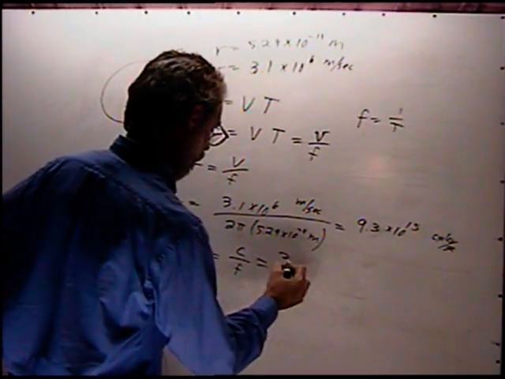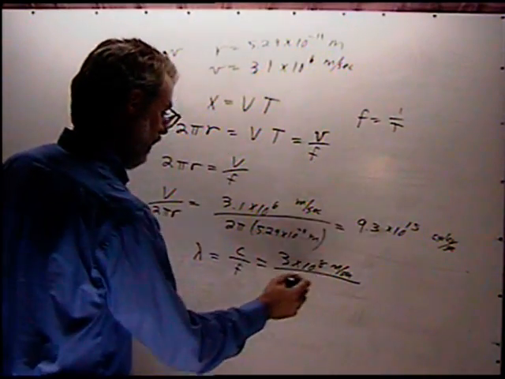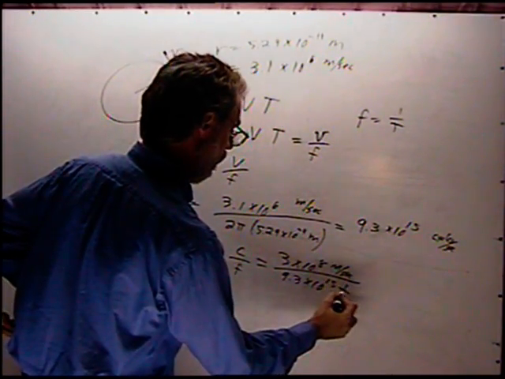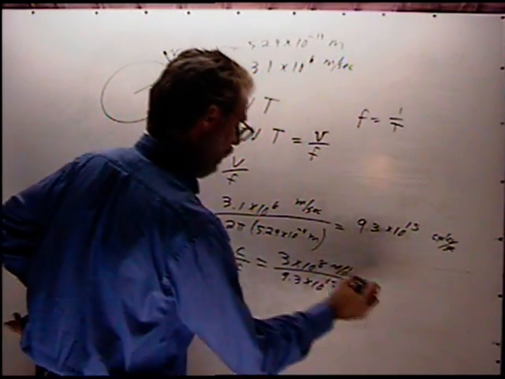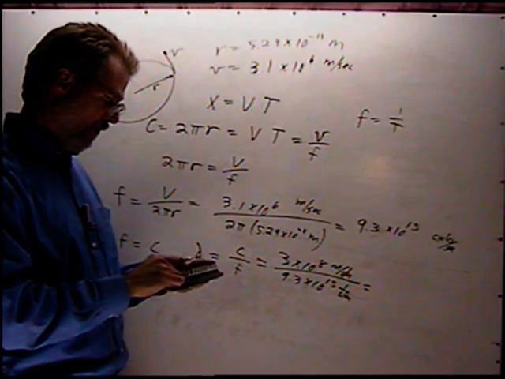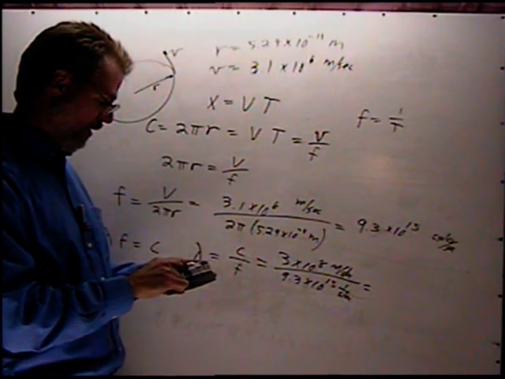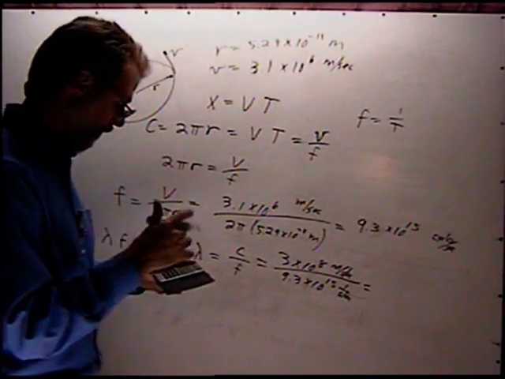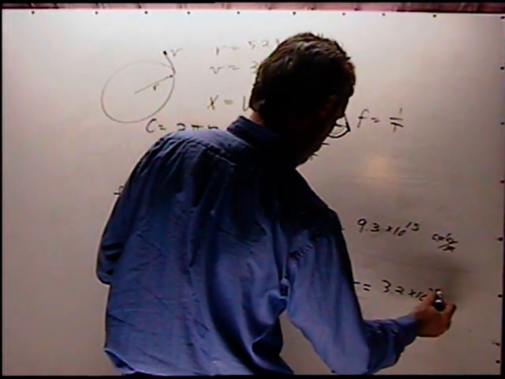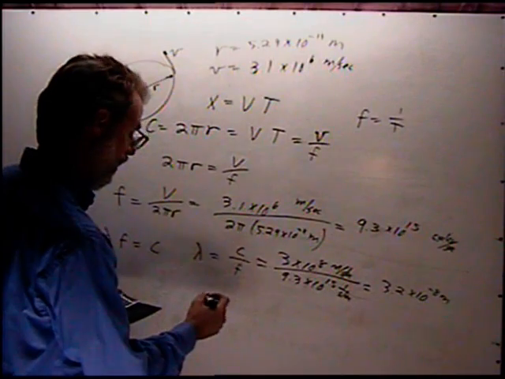So it would be 3 times 10 to the 8th meters per second divided by the frequency of 9.3 times 10 to the 15. That's 1 over seconds, and notice the seconds cancel, and we end up with something in meters. 3 e to the 8th divided by 9.3 e to the 15th, and we get 3.2 times 10 to the minus 8th meters. I'm going to put that in nanometers.